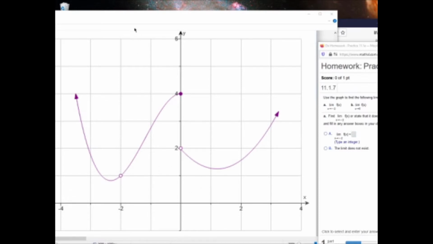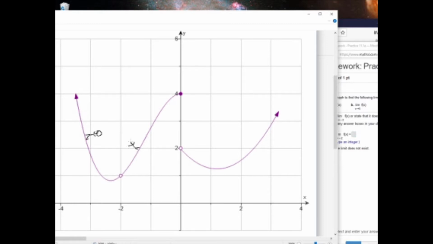And another thing I like to say that's kind of goofy, but it does help with the limit, is so our point of interest is -2. Now imagine that you have little people that could walk on the function. And these people are going to walk on a lot.